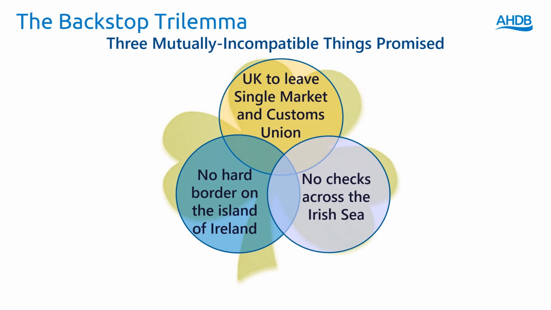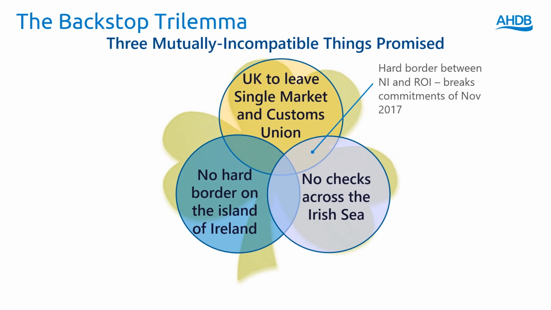So if we start to look at some of those areas, firstly, considering that the UK will be leaving the single market and the customs union, yet there'll be no checks across the Irish Sea on GB and Northern Ireland trade, that would then result in a hard border between Northern Ireland and the Irish Republic, which of course breaks the UK's and the EU's commitments in the first round of negotiations going back to November 2017.